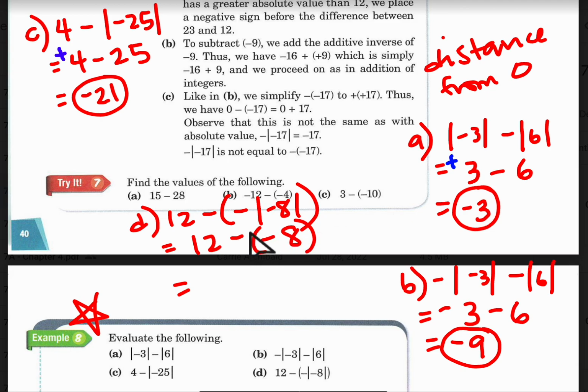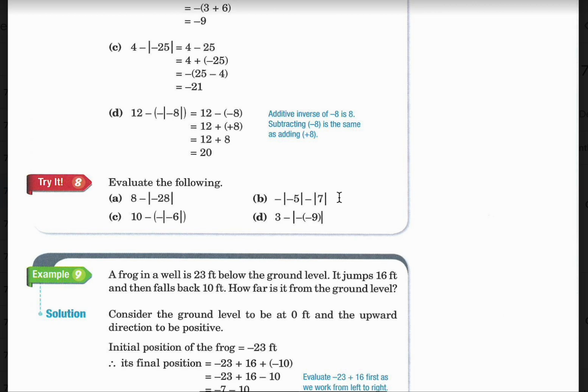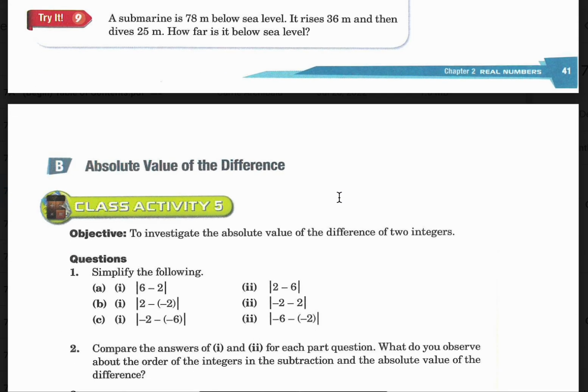So some people like to just circle them so that you can see it. And then remember, two negatives become a positive. So 12 plus 8 is our problem now. 12 plus 8 is 20. Same signs, positive, keep it positive. Okay, so that's a little tricky. So basically, if it's not in an absolute value, you keep that negative sign. All right, more on absolute values then.